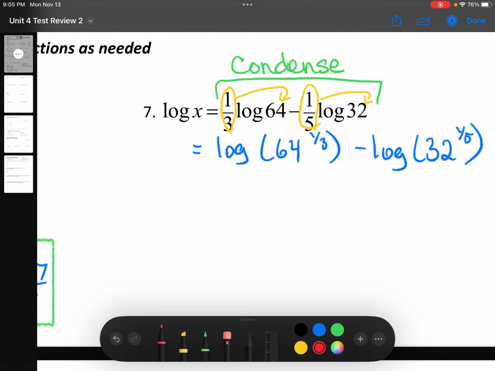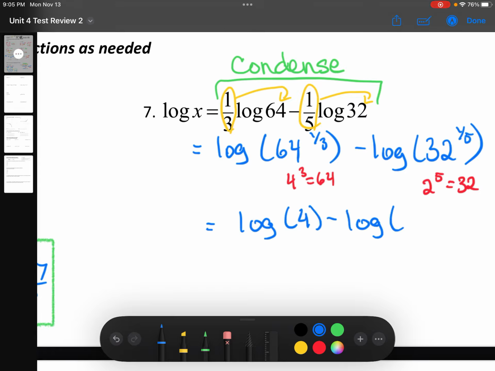Okay. Now, we need to look at what to the 3rd power is 64. 4 to the 3rd is 64. What to the 5th is 32, and that is 2. 2 to the 5th is 32. So this becomes the log of 4 minus the log of 2.